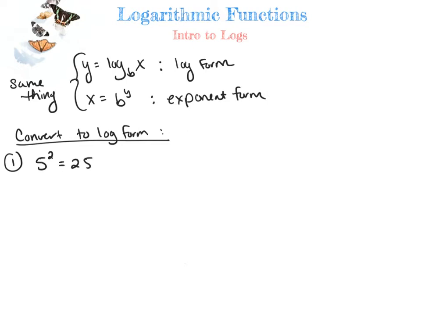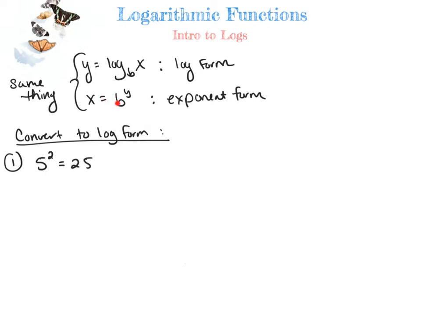Not even any variables in there, just something that's true. Now watch what happens when we convert this into the log form. So here we have this in exponent form, so it's like this: x equals b to the y. Ooh, it's written kind of backwards though, right? Because the exponential is on the left side over here, but on the right side over here. Nonetheless, watch how I convert this.